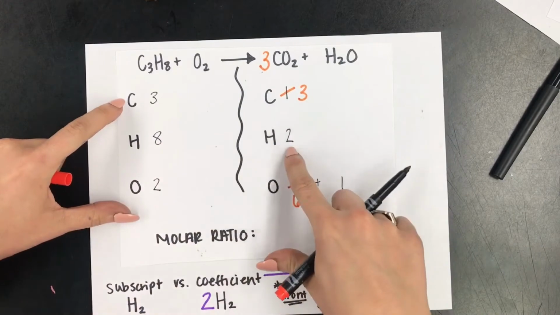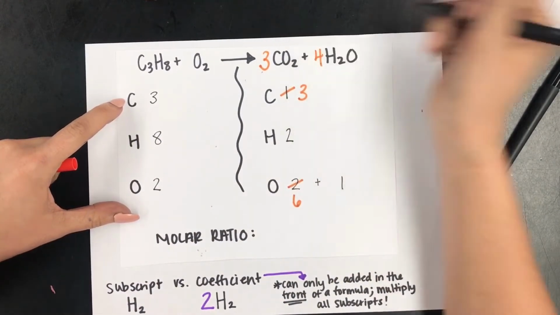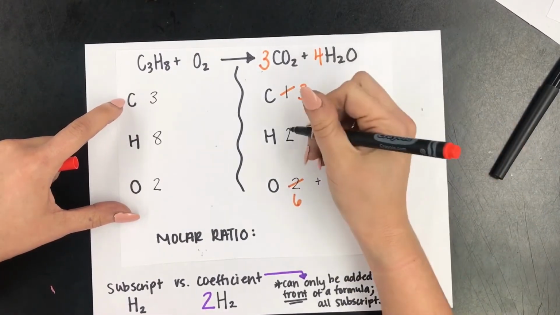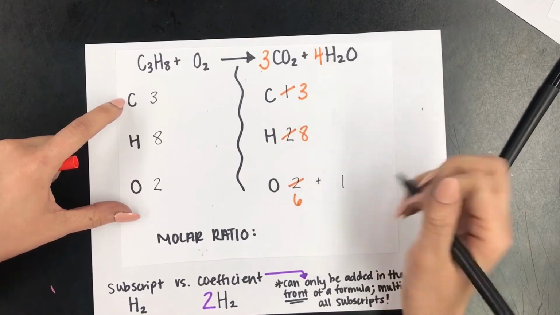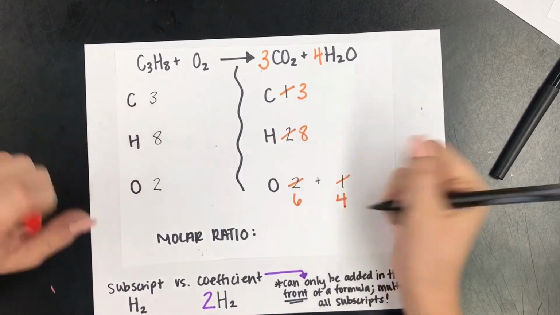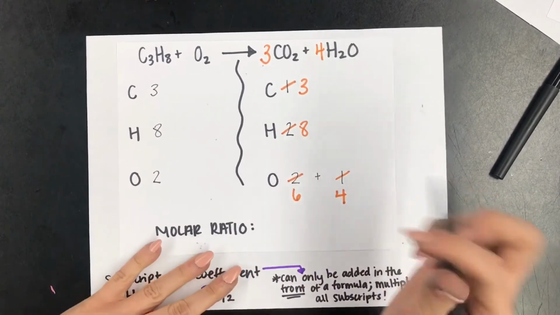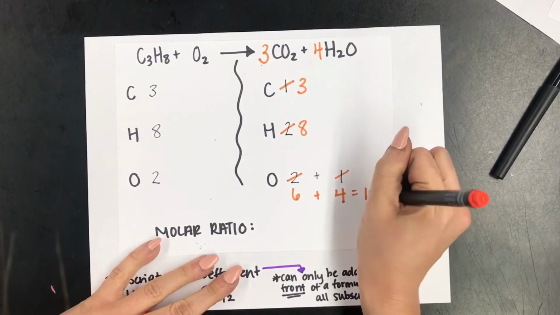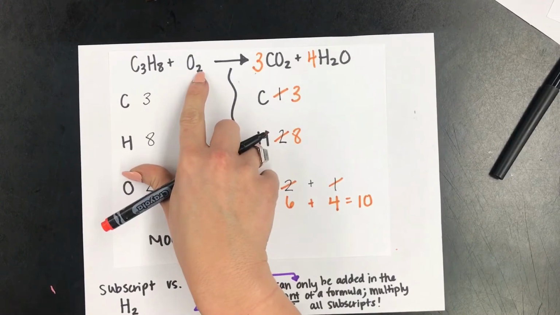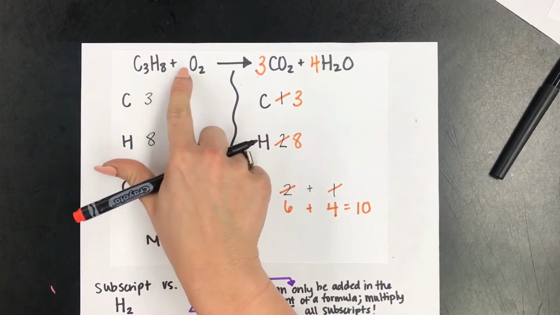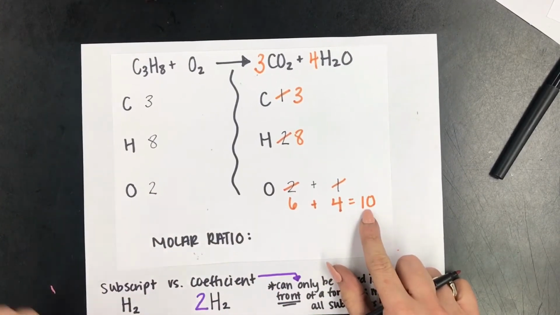Hydrogen's 8 on this side. We need to multiply this one by 4. When I do that, 4 times 2, 8. 4 times 1, this changes to 4. But again, there's still oxygen, so I have to add these two together. 10, a nice even number, and that's the goal, because anything times 2 is going to give me an even number. So, what number can I multiply by 2 to make it equal to 10?